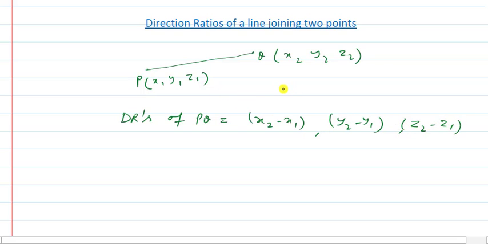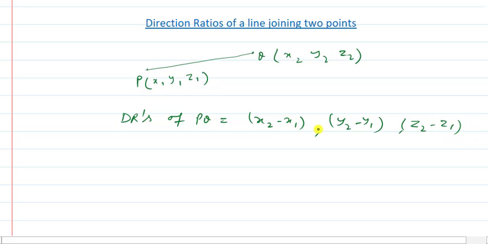This is also the same concept you have studied in vectors, that when two points of a vector are given to you, then the direction ratios of vector PQ are given by x2 minus x1, y2 minus y1, z2 minus z1, and the vector form is x2 minus x1 i cap plus y2 minus y1 j cap plus z2 minus z1 k cap.